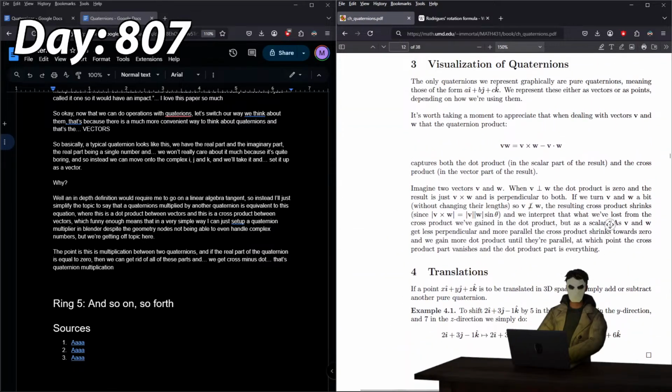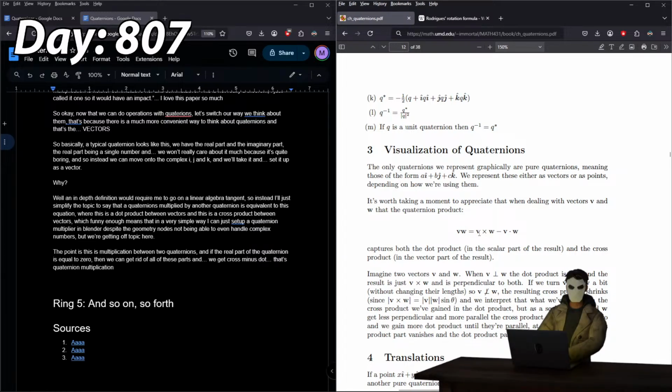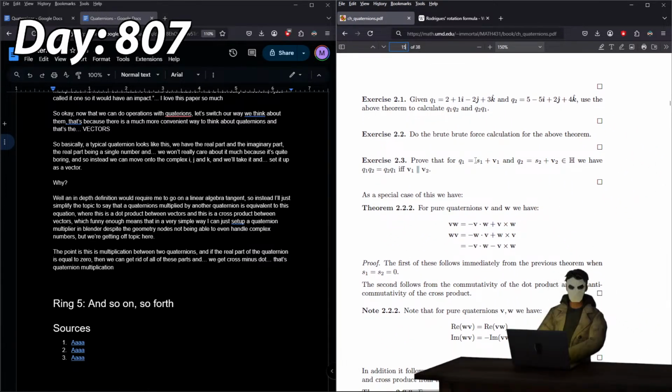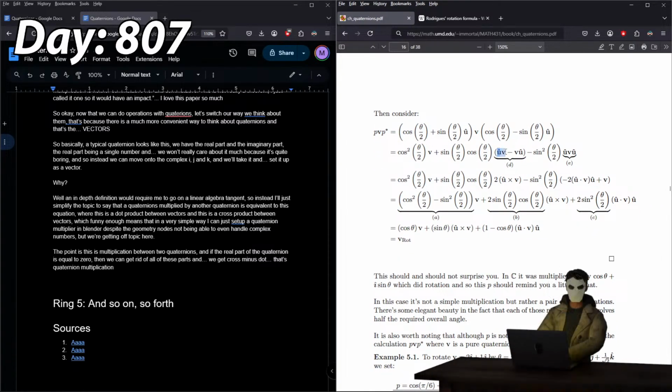That's because earlier on, in the multiplication segment, right here, vw is equal to v times w minus the dot product between them, and the cross product flip would be a minus, which means that uv would be u cross v, vu would be minus u cross v, with a minus, so it would be plus u cross v, which means it will be u cross v plus u cross v, so that gives us 2 u cross v.